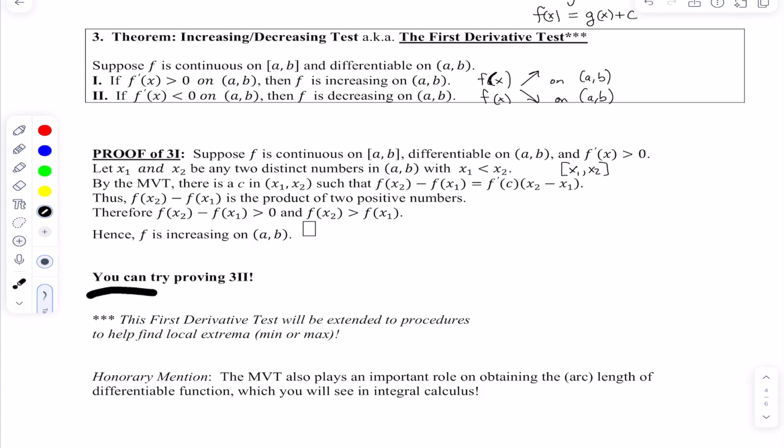I'll leave it up to you to try to prove 3i, or 3ii. The first derivative test will be extended to procedures to help find local extrema, min or max, and in some cases it will help you find absolute min or absolute max.